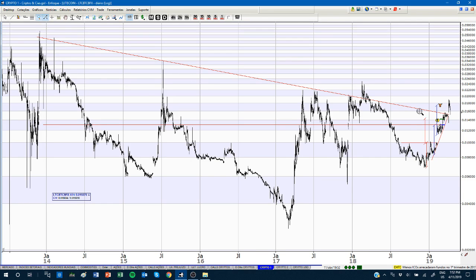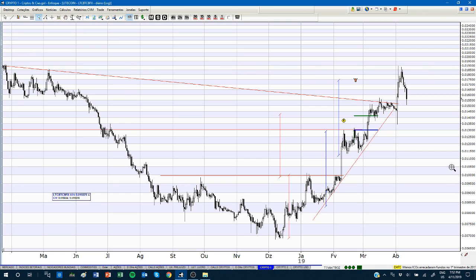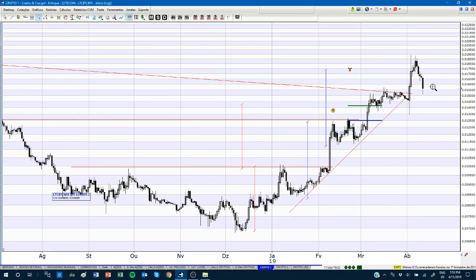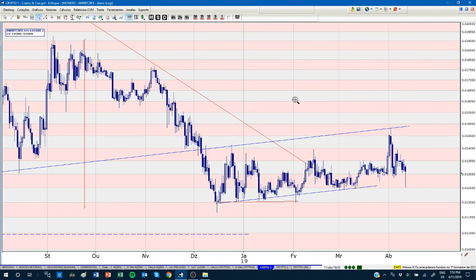Litecoin, what has it done? Maybe just a pullback to this former resistance trend line. Let's see what happens here. If it gives us a hammer too, I think it would be a bullish situation for LTC.